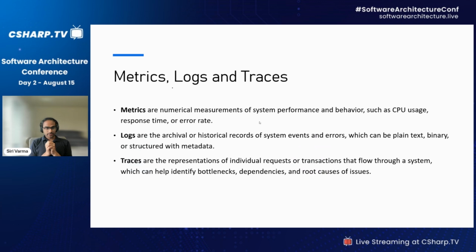So coming to metrics, metrics are the numerical representations of your system performance. For example, let's say I am serving a request and I emit a 1 for a success and 0 for a failure. Now I'm able to plot a mean of this graph, which gives me your 5 nines or 4 nines of availability.